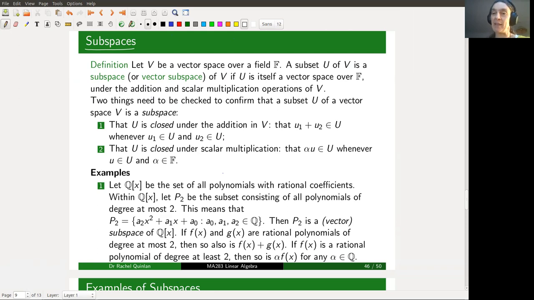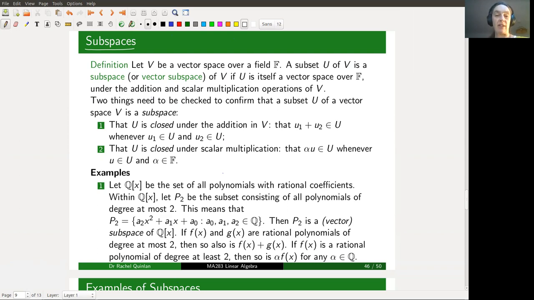So that's the key property that distinguishes a subspace from just any old subset. If you change the last example so that the trace was 1 instead of 0, then you'd no longer have a subspace, because the sum of 2 matrices of trace 1 doesn't have trace 1. And a scalar multiple of a matrix of trace 1 doesn't have trace 1 unless the scalar you're multiplying by is 1. So this idea of a subset of a vector space that is itself a vector space under the same operations is going to be really important for us.